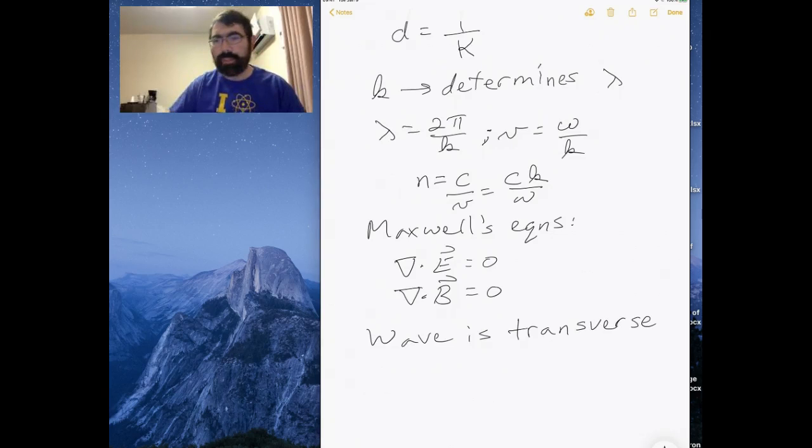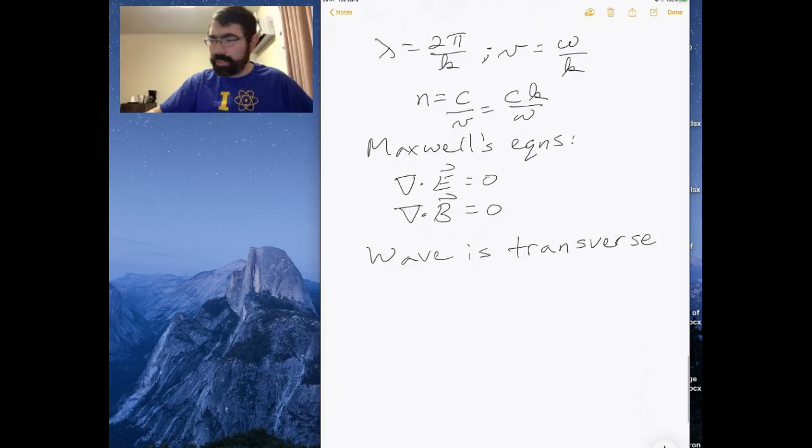Even though the wave now goes into this conductor, it is still a transverse wave. There's still a direction to the propagation, and the electric and magnetic fields should be perpendicular to that propagation vector, which you can think of as the velocity.